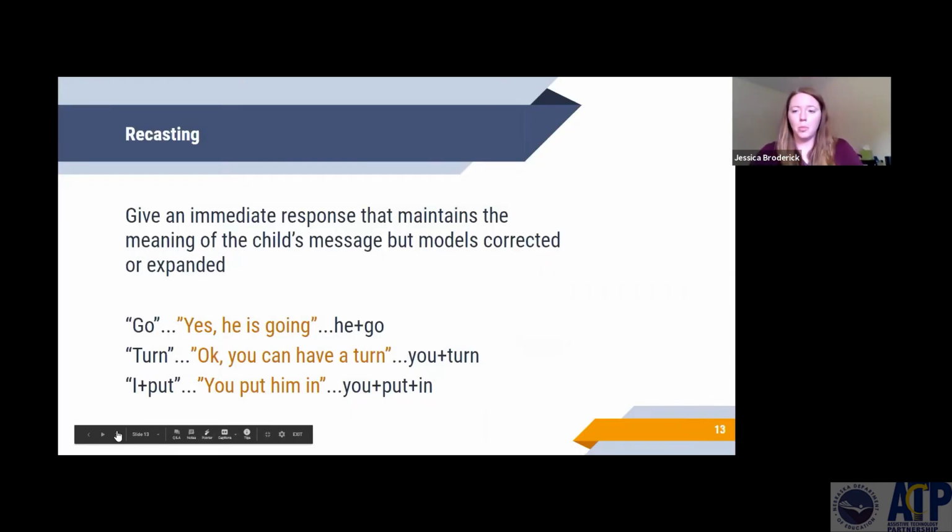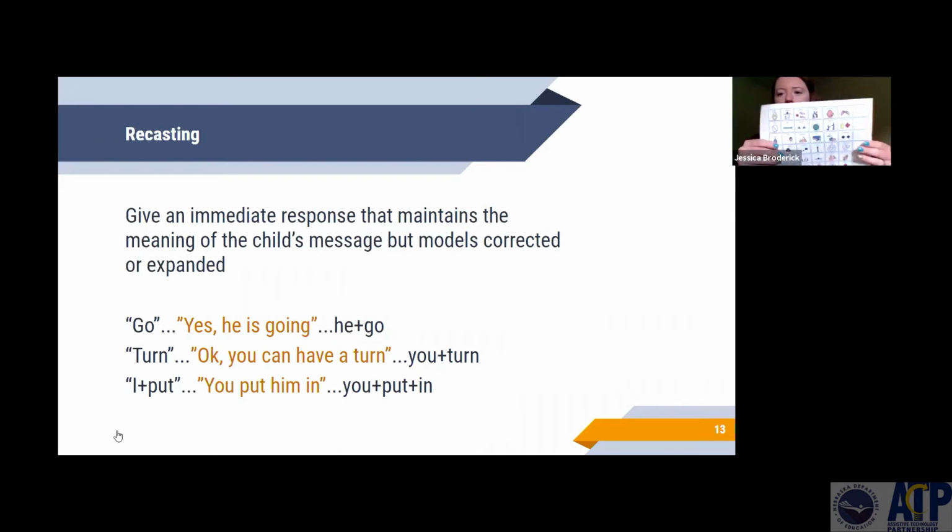One other important part of modeling is recasting, which is something we do a lot with little kids just naturally. That's giving them an immediate response to whatever they've communicated to you, keeping their message, but modeling something corrected or longer. So if that child has used their device or their board and said, go, what I verbally would be saying is, yes, he is going.